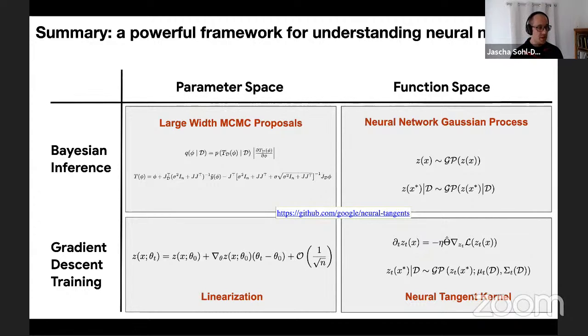Maybe another piece of this, I'm not sure if this is the question or not, is that linearization holds for a single random initialization of the parameters. So you randomly initialize your neural network, and then throughout training, it looks like an affine function.